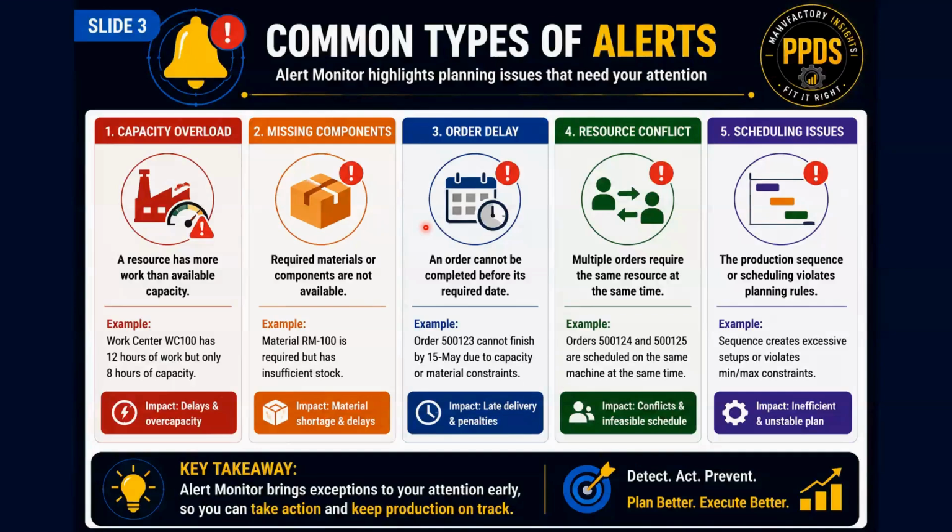An order cannot be completed before its required date. The next one is a resource conflict. That means multiple orders require the same resource at the same time. The next one is scheduling issues. The production sequence or scheduling violates planning rules. So each alert informs the planners exactly where attention is required.